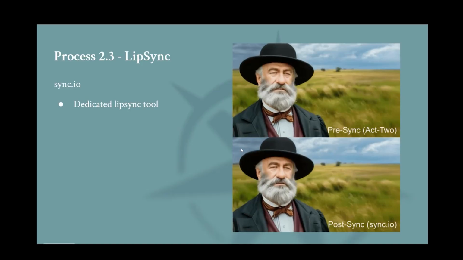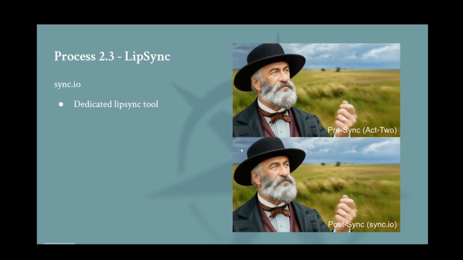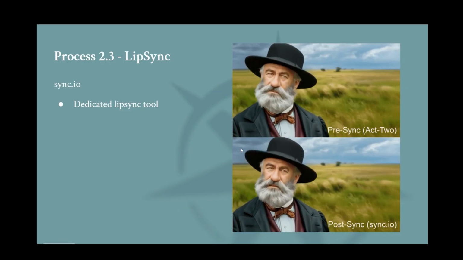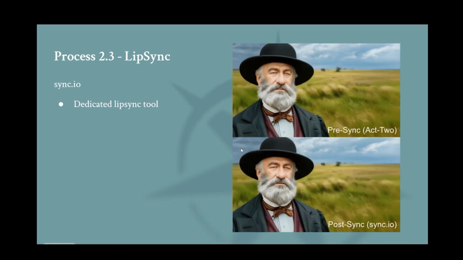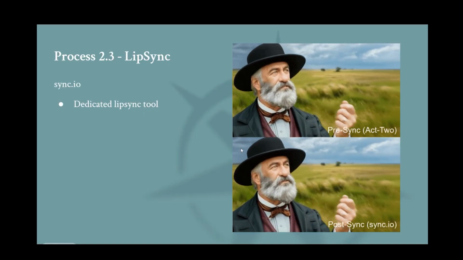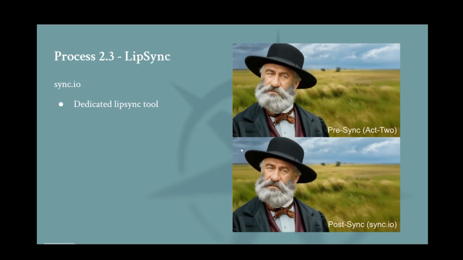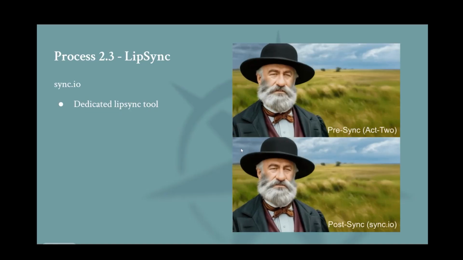And for that ended up being sync.io, which is a dedicated lip sync tool, which ended up being the best of the bunch among those that I tested. And we can see here that there's considerable realistic mouth movement on the post sync from sync.io.